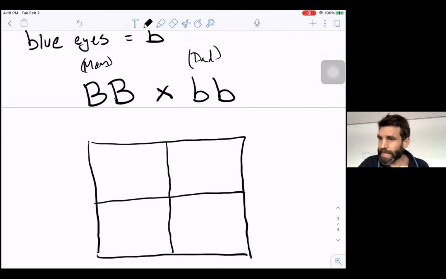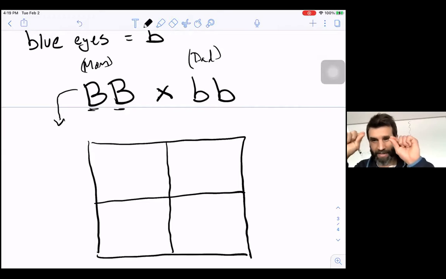So each of the letters, remember that these B and B represent the versions of the gene on each of the pair of chromosomes of the mom. And also remember that when a female's eggs are formed, they only get one copy of the chromosome. They don't get both, they just get one copy.